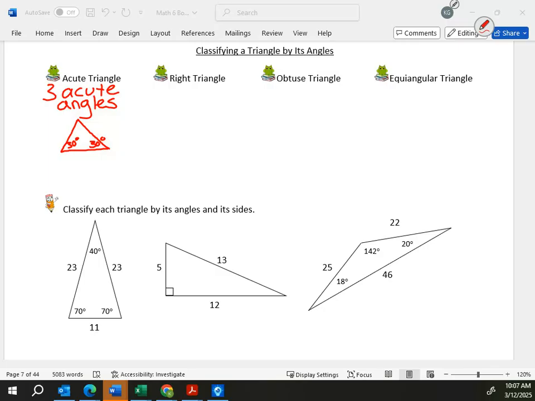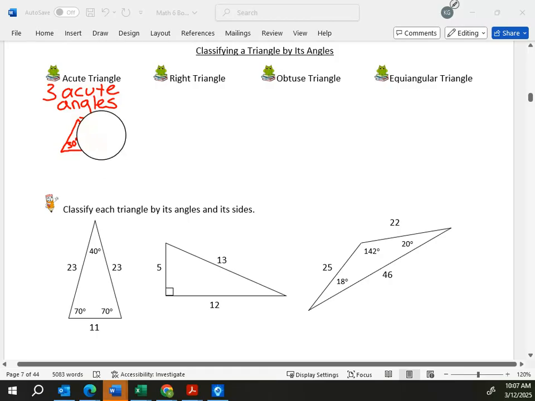So if I have 30 and 30, what would that angle have to be? Uh-oh. If that angle is 120, is it an acute triangle? No, it is not. So we have to be really careful how we label an acute triangle. We have to look at those angle measurements.